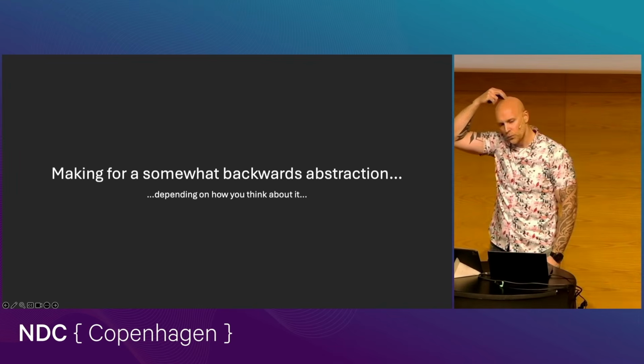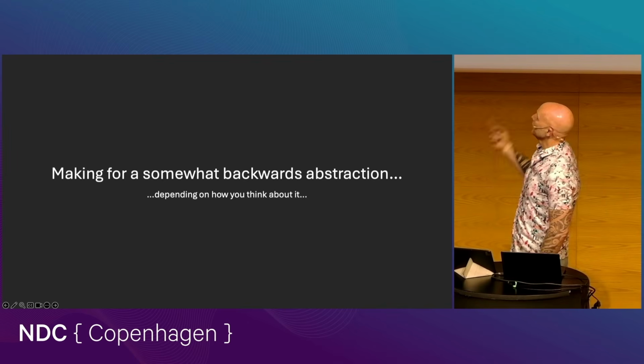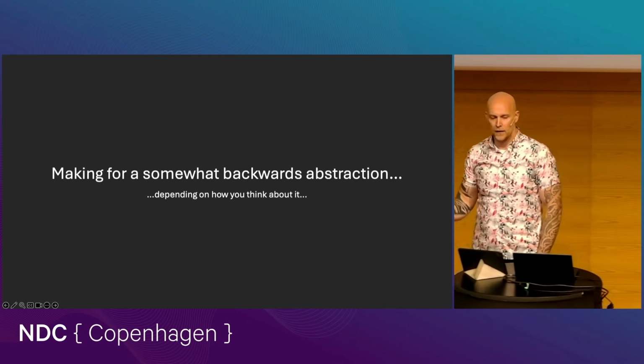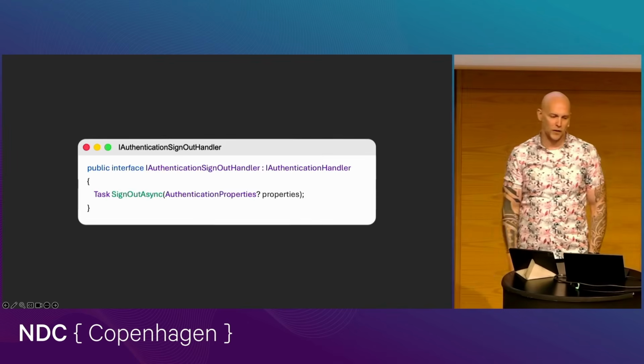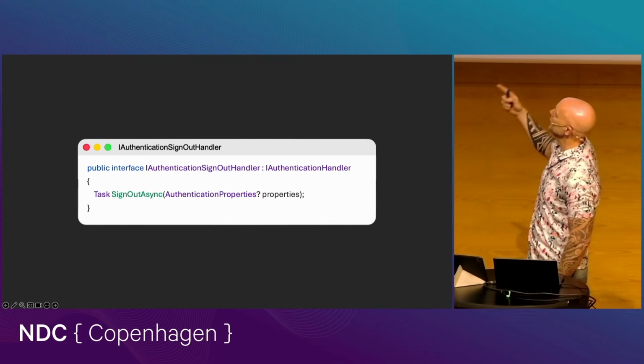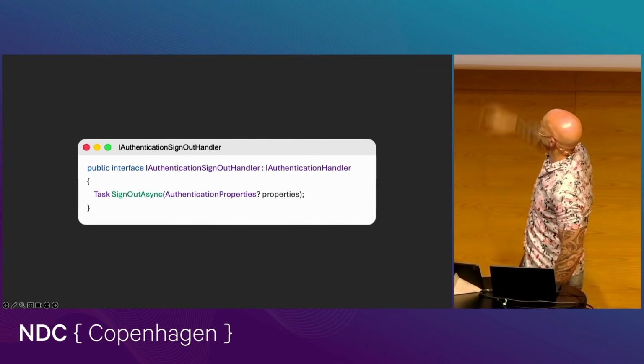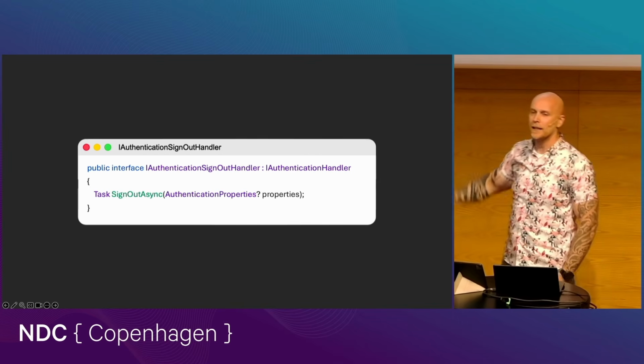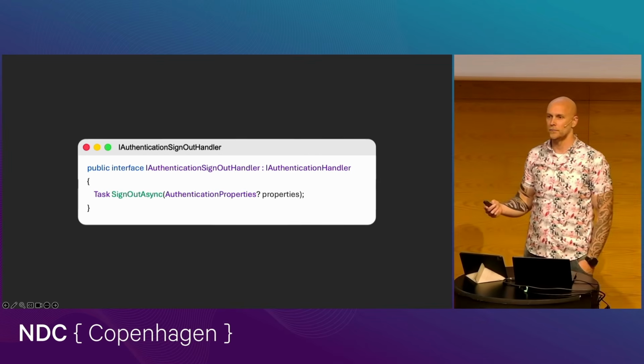But it also makes for a weird abstraction if you look at it, because there's another interface you can implement, which is authentication sign out handler. Authentication sign out handler implements authentication handler. So sign out is actually there before sign in.